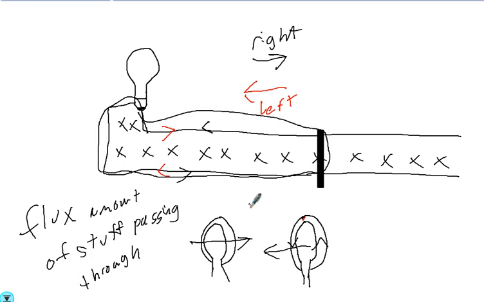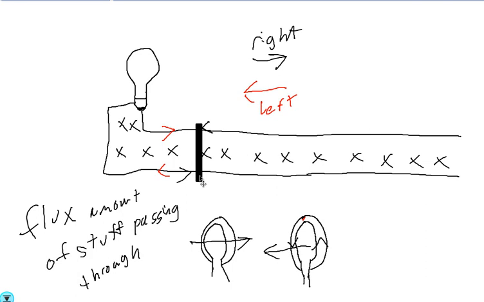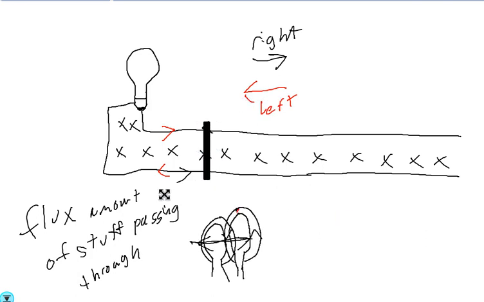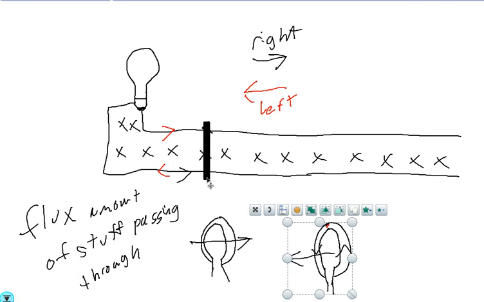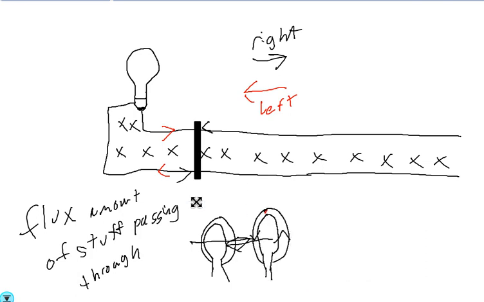So as I'm moving it to the right, I'm increasing the magnetic flux, just like when I'm moving the ring closer to the other ring. And if I'm moving the bar to the left, that would be just like moving the ring away from the other ring.